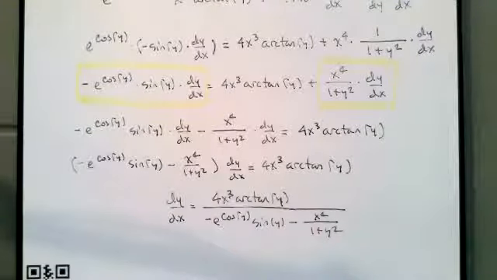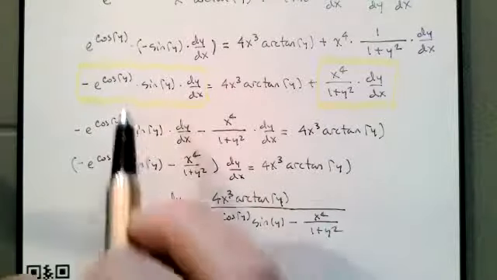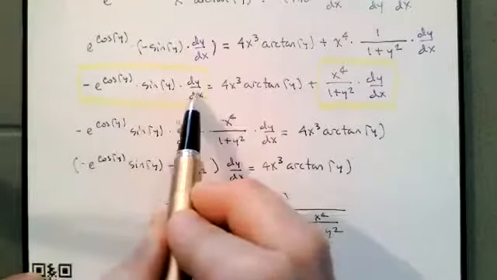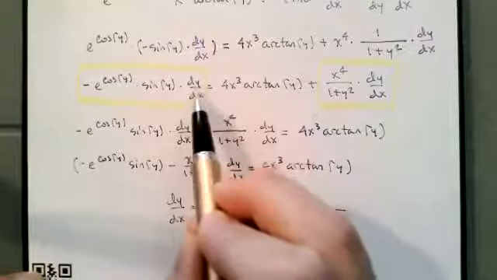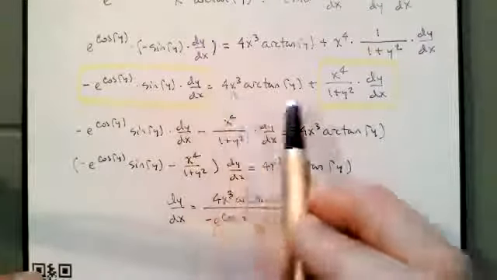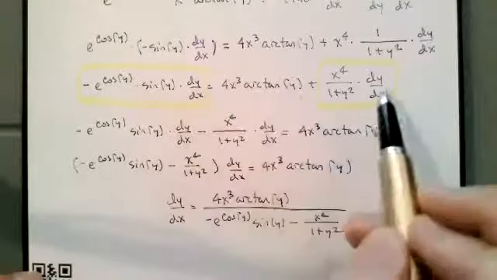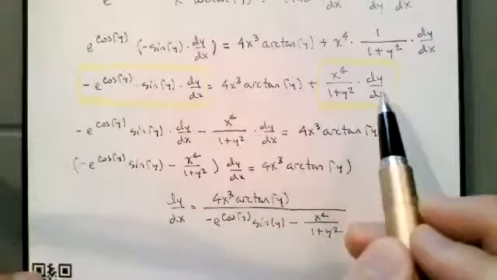This all seems very messy, but we have to look at what we're solving. We're trying to solve for dy dx. And here I've just got a bunch of stuff times dy dx, some stuff that's not multiplied by dy dx, and then some more stuff multiplied by dy dx.